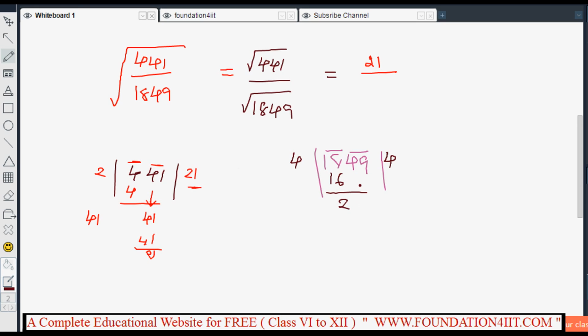Subtract, 2. Next, 49 you take down. So 4 doubled is 8. Then this is near to 83, 3 3s are 249. Now that is 43. So 21 by 43 is the square root of 441 by 1849. We can split using the formula, find the square roots separately, then simplify the solution.